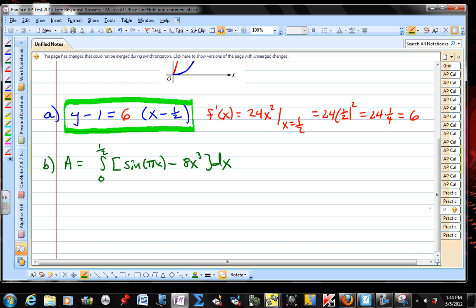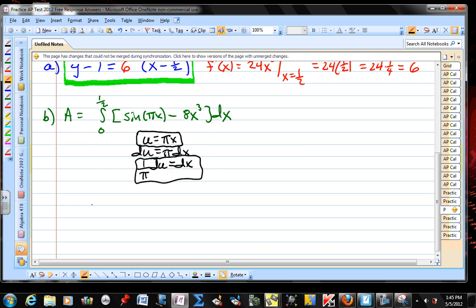Now, integrating sine of pi x, we use u substitution. So let's let u equal pi x. And du is going to be pi dx. And then to get dx by itself, we'll say 1 over pi du equals dx. So we have a u, and we have a dx, and now we can substitute.